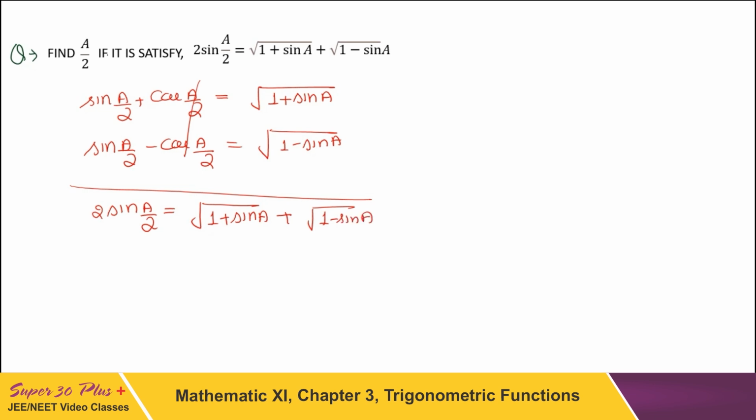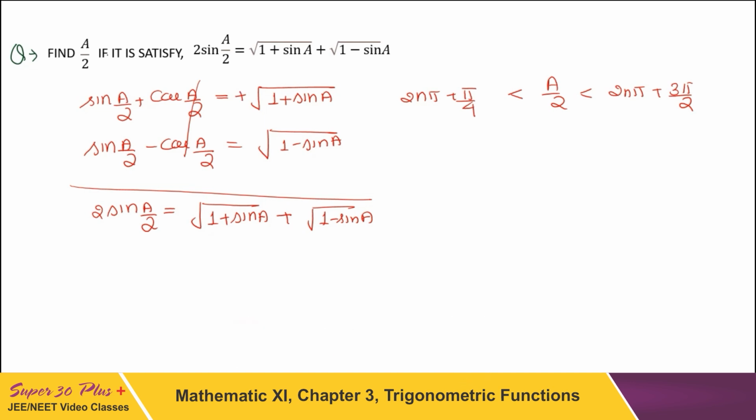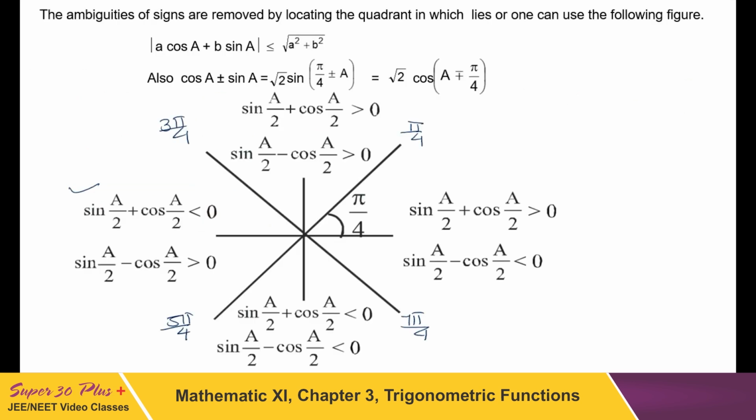So keep in mind, when sin a by 2 is positive and numerically greater than cos a by 2, this is an important thing, sin a by 2 plus cos a by 2 is of plus sign, and sin a by 2 minus cos a by 2 is of plus sign. It happens only when a by 2 lies between 2n pi plus pi by 4 to 2n pi plus 3 pi by 4, and these values are easily observed by using this graph.